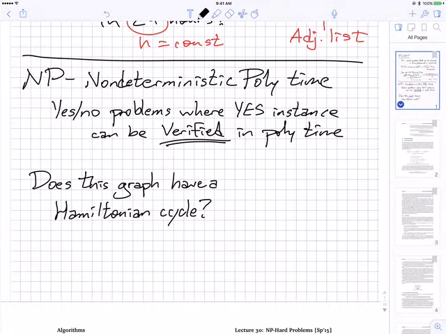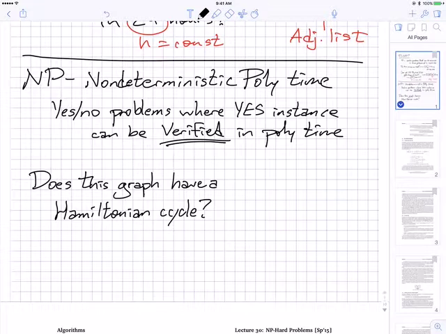Now, there is an important asymmetry here. How could I convince you that a graph does not have a Hamiltonian cycle? Good answer. I don't know either. Nobody knows. Nearly the best answer we have is try all possible permutations of the vertices, and for each one, check if that's a Hamiltonian cycle. That isn't a polynomial time algorithm.